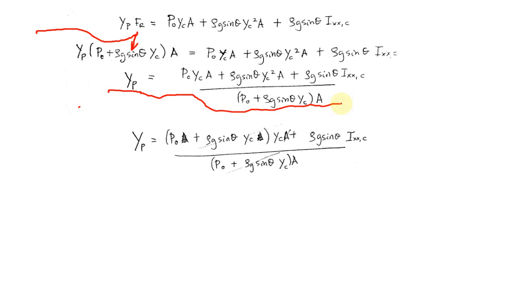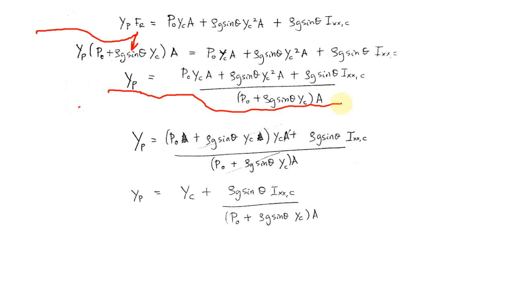So just doing mathematical manipulation, you can see that yp is equal to yc plus rho g sine theta Ixx,c, that is the second moment of inertia about the centroid, divided by P naught plus rho g sine theta yc times A.